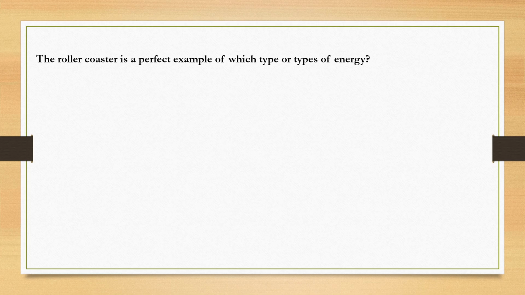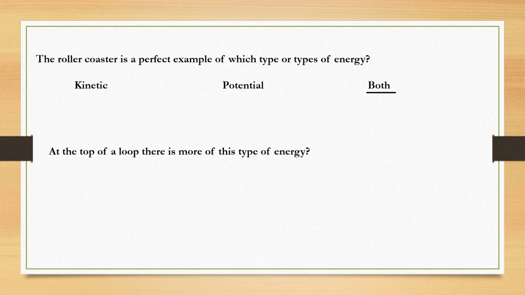The roller coaster is a perfect example of which type or types of energy: kinetic energy, potential energy, both. The answer is both. At the top of the loop, there is more of this type of energy: potential energy or kinetic energy.